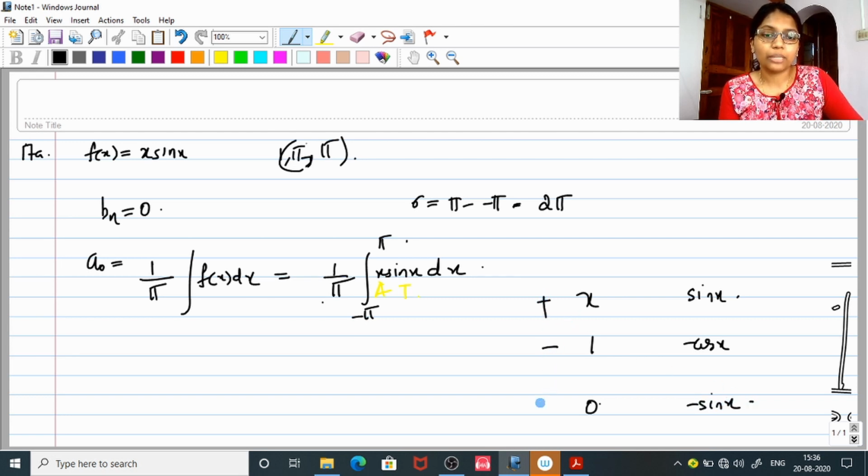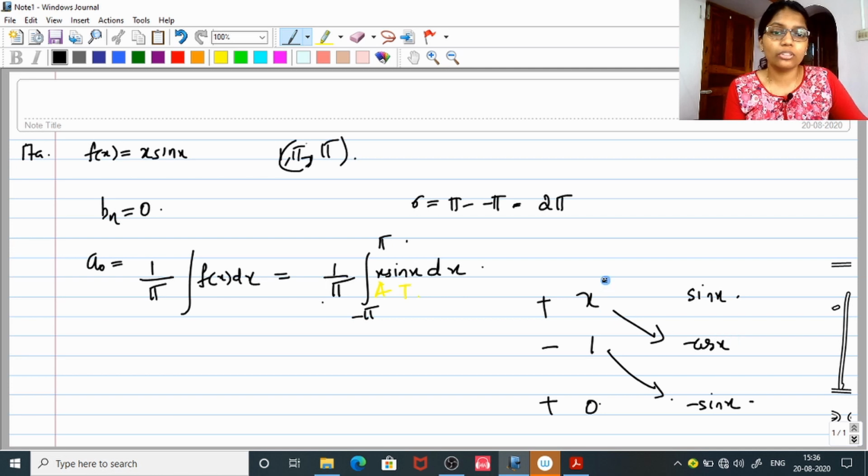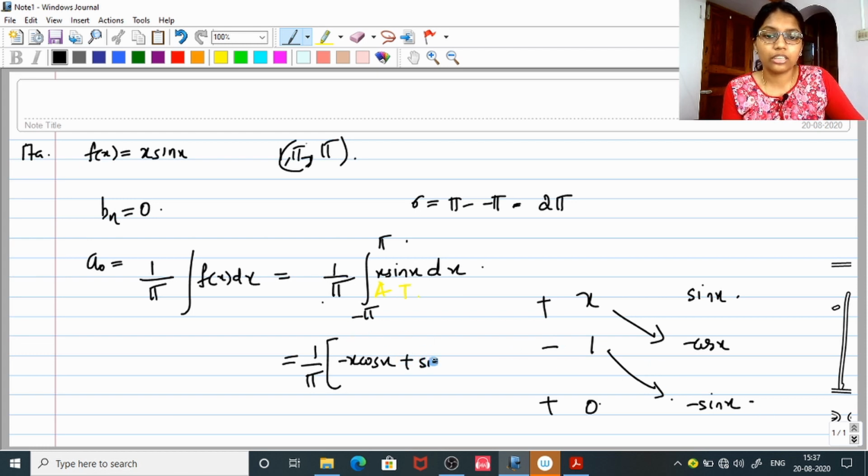Go with plus, minus, plus, and move along the arrows. You can check out the last video for the table method explanation, and the answer is simply to combine them. x into negative cos x is negative x cos x, negative 1 into negative sin x is positive sin x. So the integration is that simple using the table method.